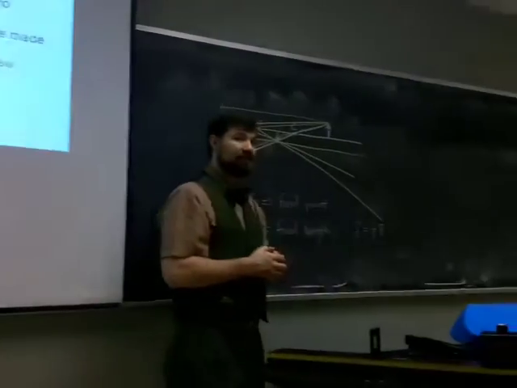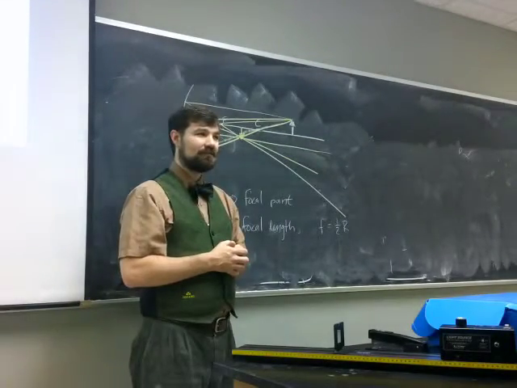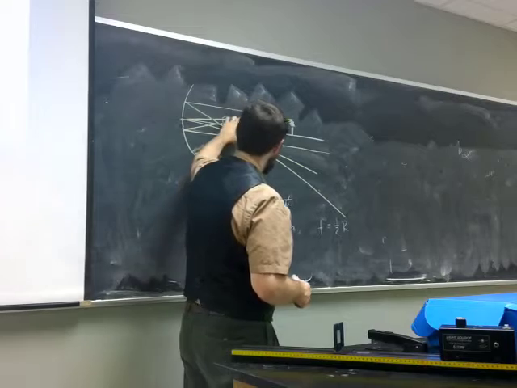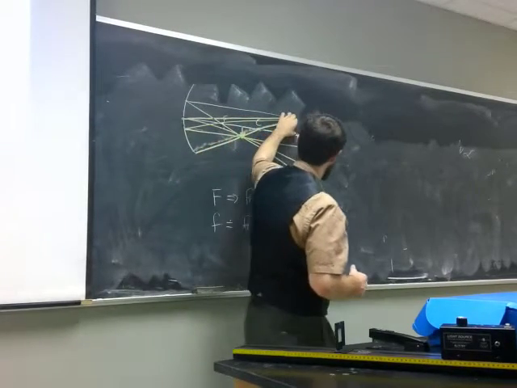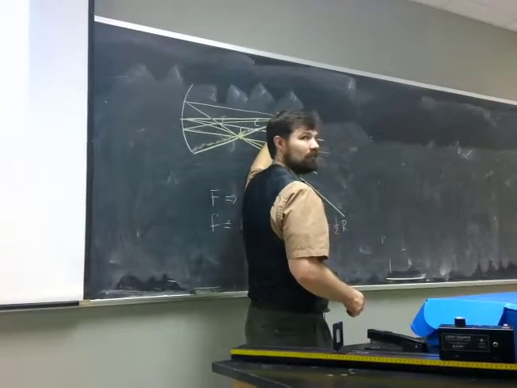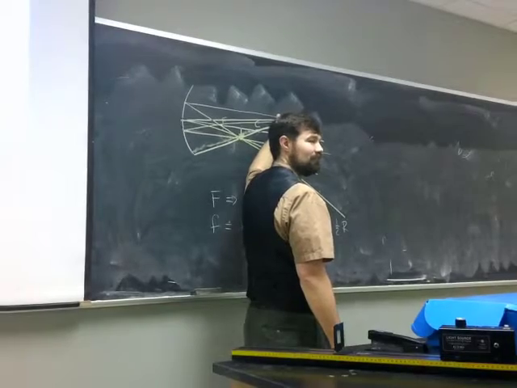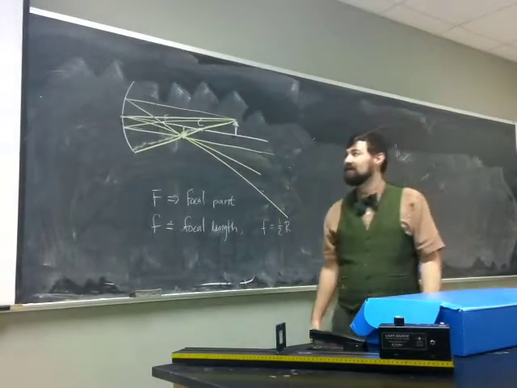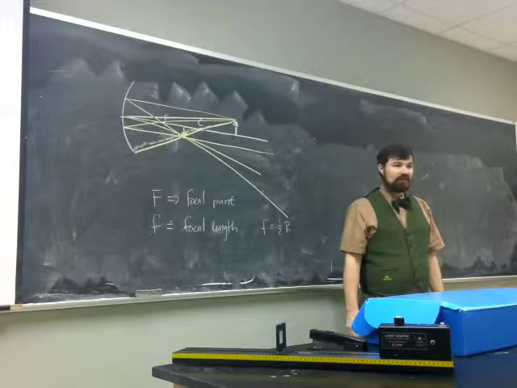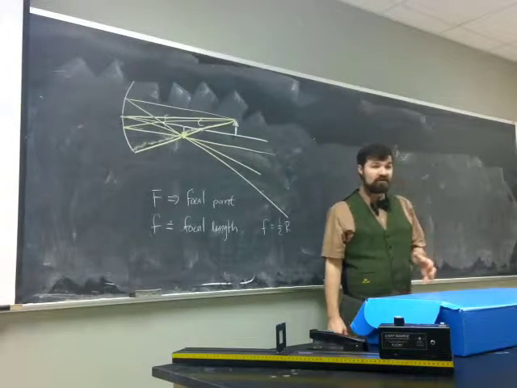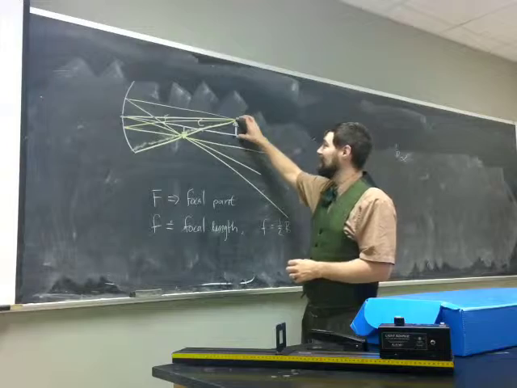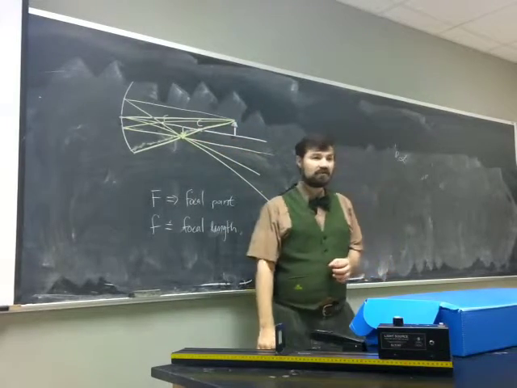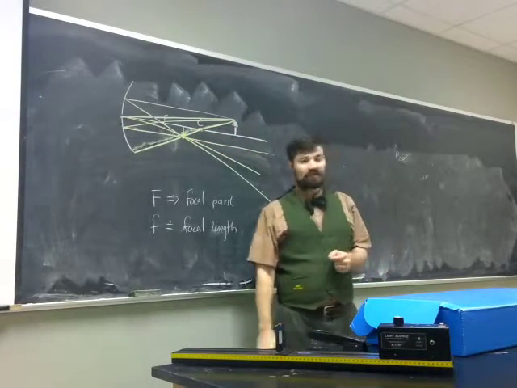Okay, there's one other thing to notice about this, which is that the image is smaller than the object that's producing it. The ratio of the size of the image to the size of the object is what's called magnification.